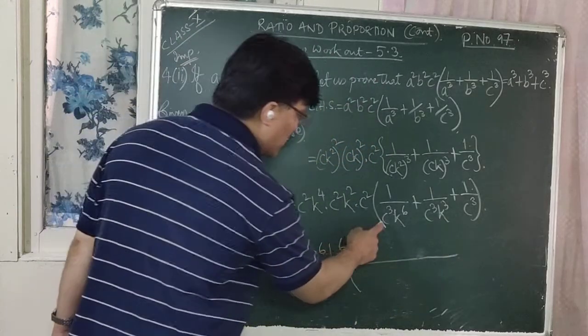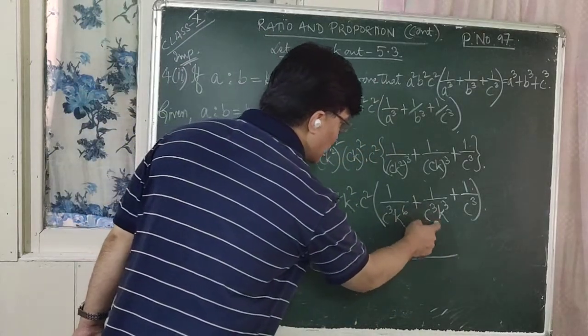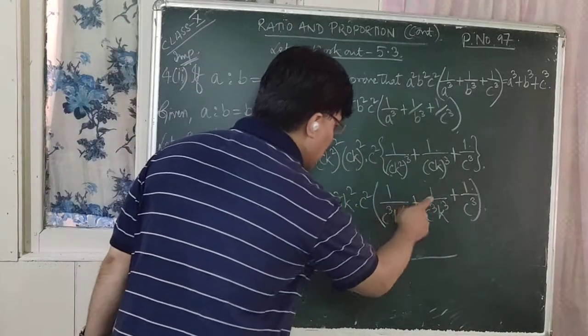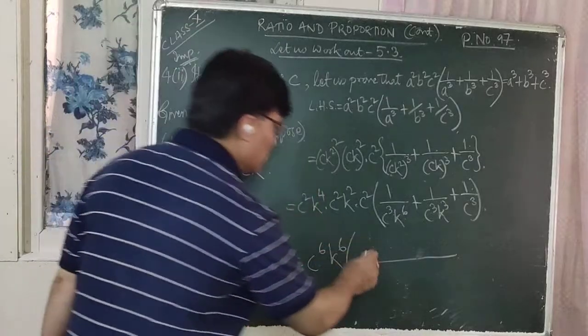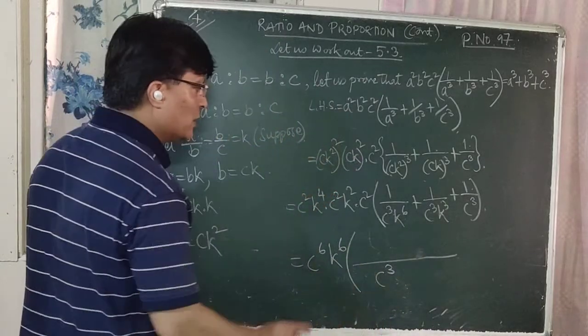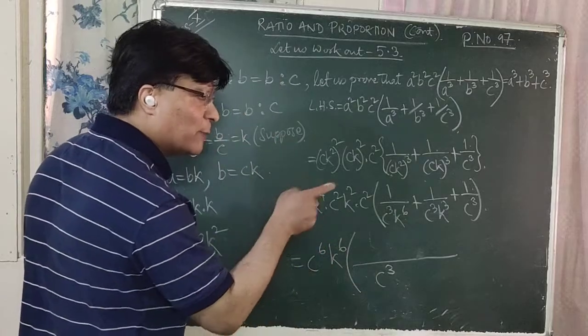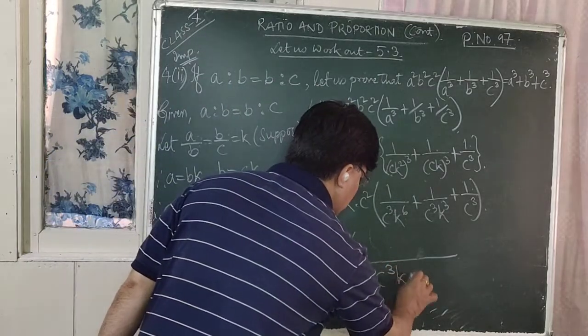So what's the LCM of c cube k to the power 6, c cube k cube, c cube? Yes, c cube is common here. So the LCM of c cube and c cube is c cube. And what's the LCM of k to the power 6, k cube and 1? The highest power will be the LCM, that is k to the power 6.